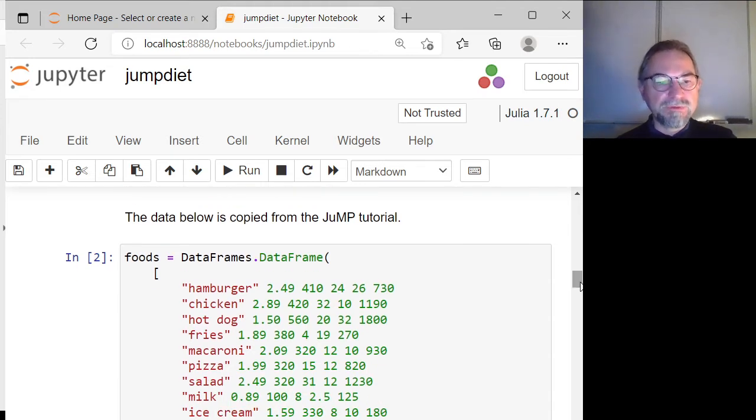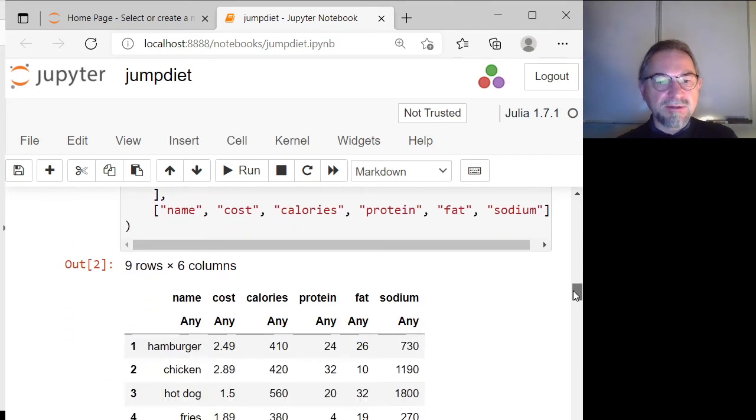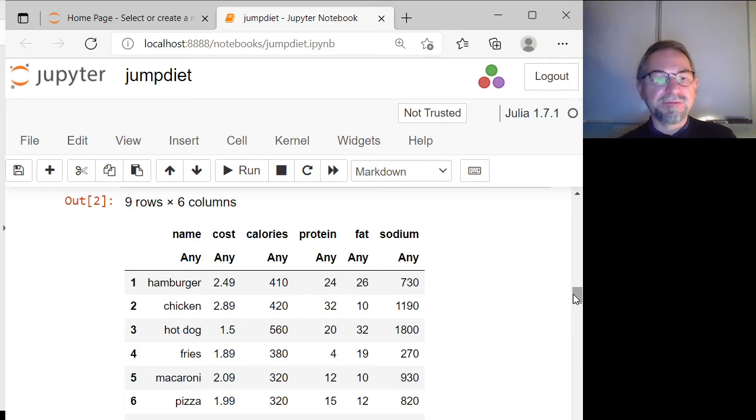So we have the foods, and for every food we have a cost in the second column. We have the calories, the protein, the fat, and the sodium. You can see the fat and the sodium; this is where the upper bounds are going to come from. There is no sugar, so there's no constraint on sugar. Interesting. Okay, so here it looks nicer when everything is formatted.